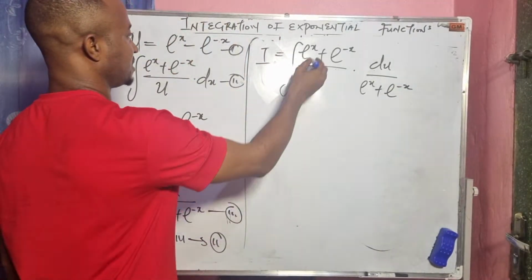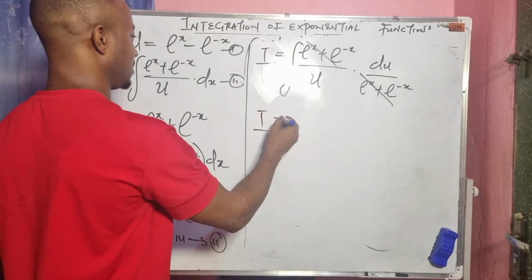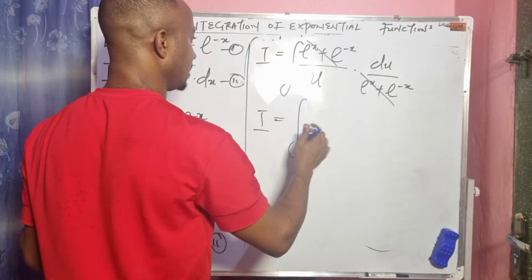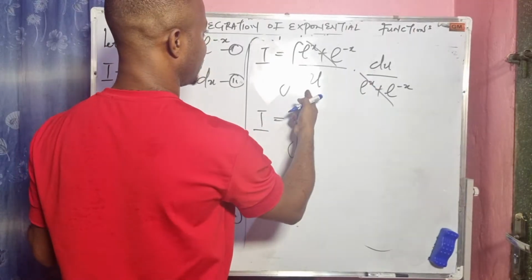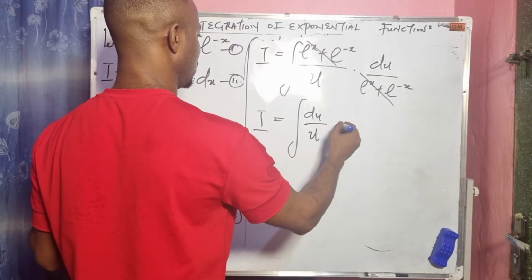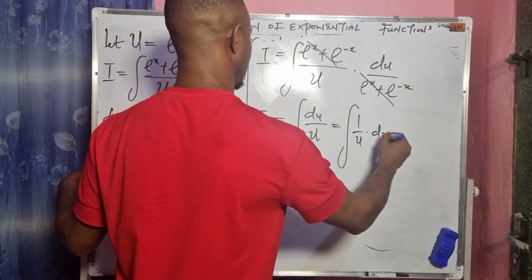Now, you can see that this can cancel with this because they are the same. So our integral becomes the integral of 1, du divided by u, which is also the same as the integral of 1 over u du.